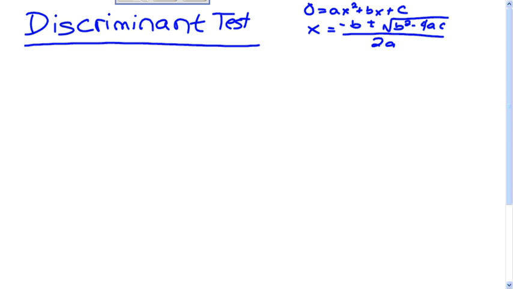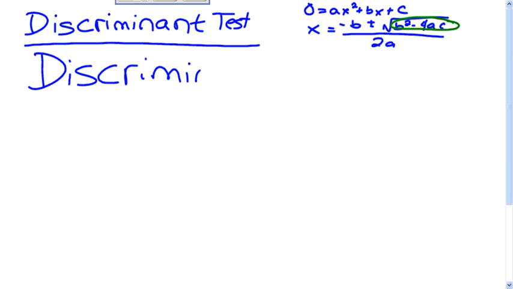We have this limiting factor. I have the square root of something, that b squared minus 4ac. The b squared minus 4ac is my control piece, and that is actually what we call the discriminant. The discriminant itself, if I ever have you calculate the discriminant, it's b squared minus 4ac.